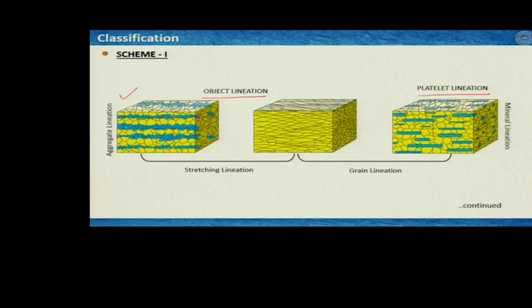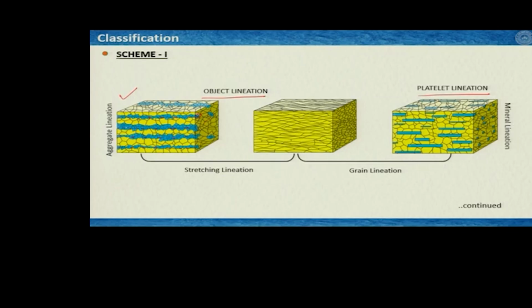You can imagine that you have a block, and in this block you have inserted a series of cylindrical rods or so on. If you insert planes then it would become foliation, but if you insert rods then it is lineation. And if you imagine the rod is actually an aggregate of some fine grained minerals, then this is aggregate lineation and this is an object lineation.